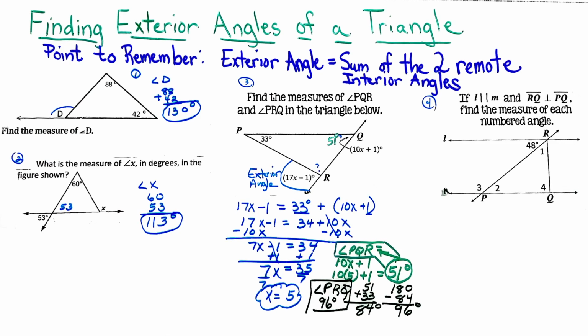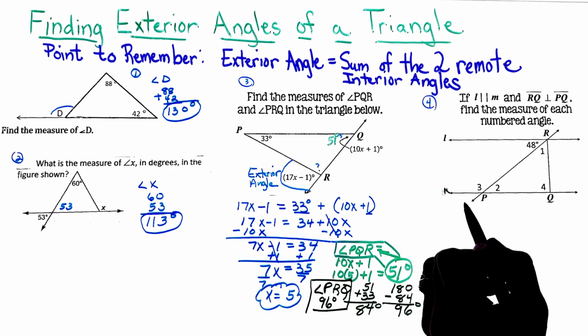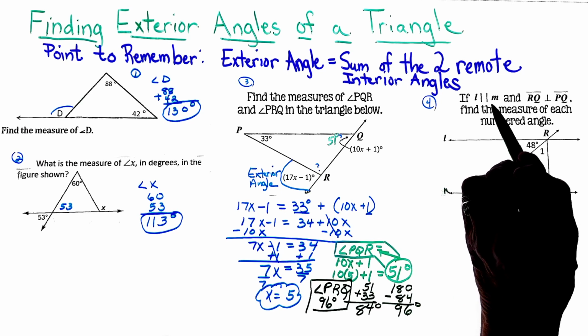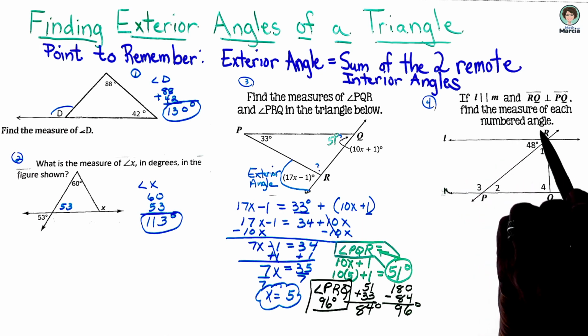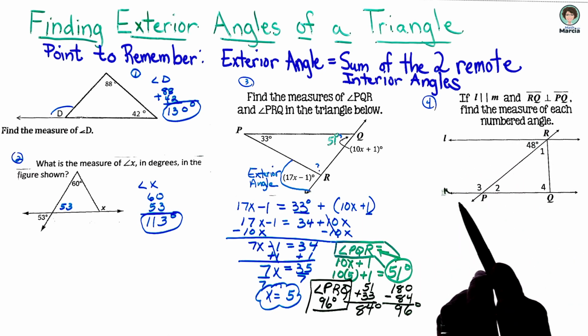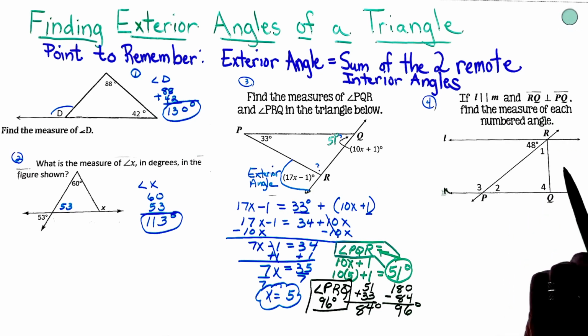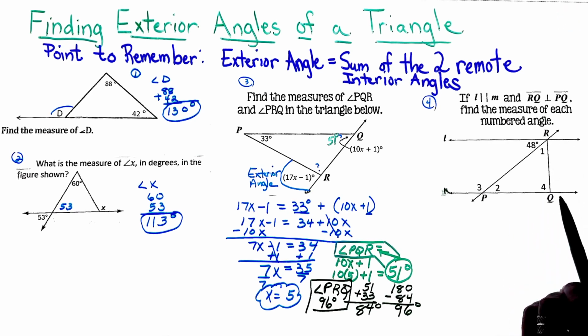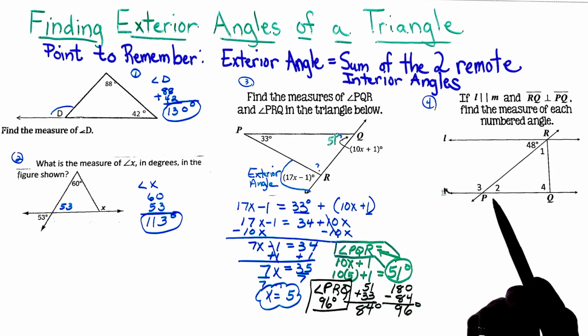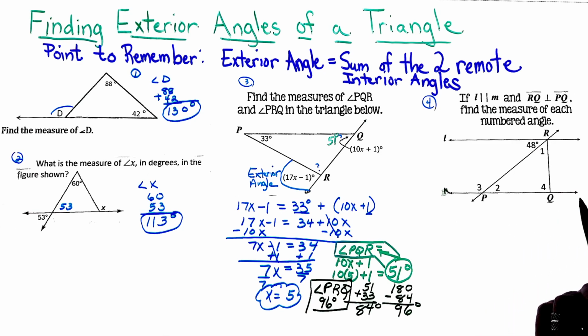Problem number 4 tells us that we have lines L and M and they're parallel. Well, we know that parallel lines will never touch, okay? And they tell us that RQ, right here, and PQ are perpendicular.